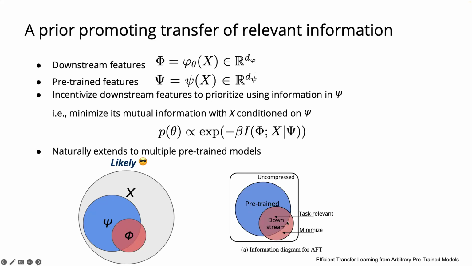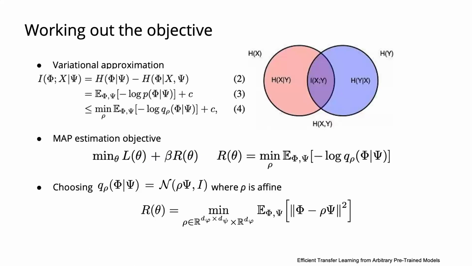This naturally expands to multiple pretrained models as well, since for psi, we can just pre-calculate it through a one-time inference to get all the pretrained features and then concatenate them together. We did some derivation according to a theorem in mutual information. Adding the mutual information for this overlapping region is equivalent to taking the whole region subtracted by the outside region.